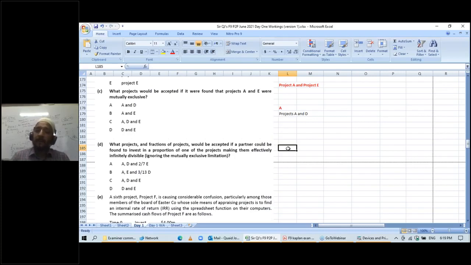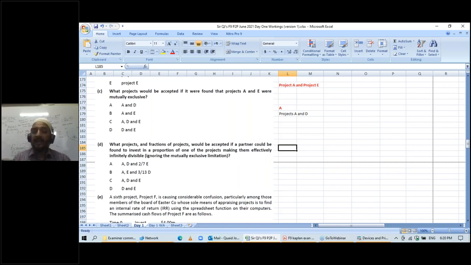Infinitely divisible means that if you cannot invest in the whole of a project, you can make someone else a partner who will invest in the remaining part. Like suppose you invest in 23.5% in a project, so the remaining 66.5% will be invested by someone else. So the project becomes divisible. Divisible means that you can purchase a piece out of a project.